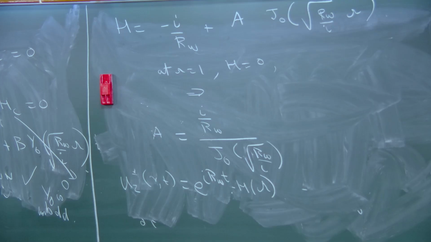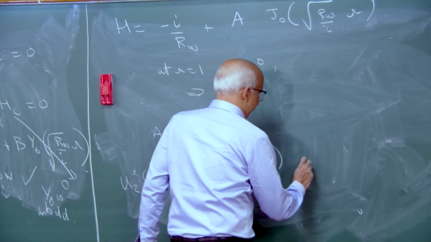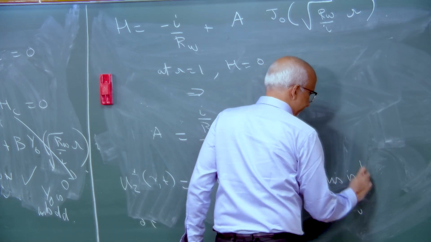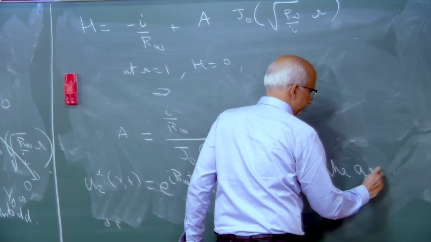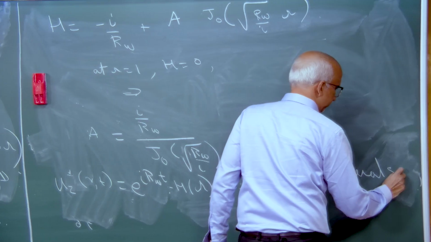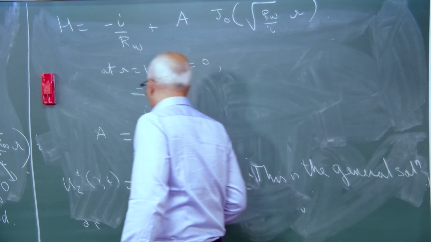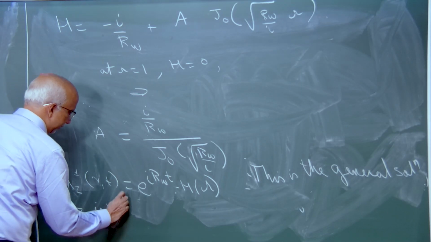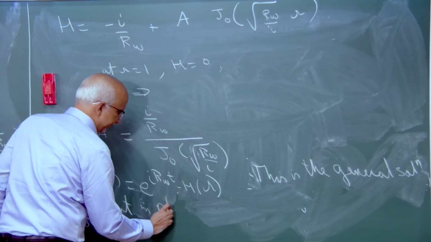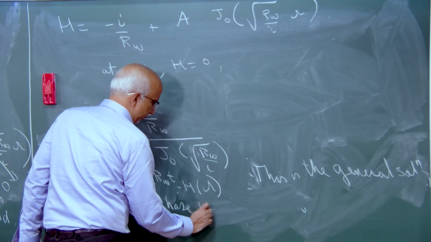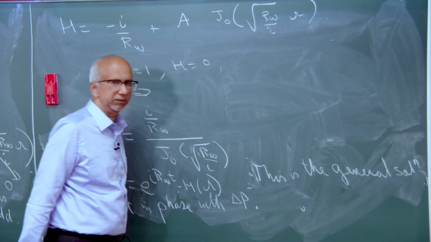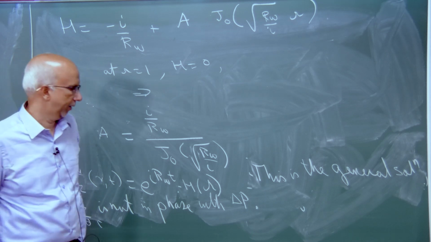So, in the limit, this is the general solution. Velocity is not in phase with delta p. That is the first thing. Okay.